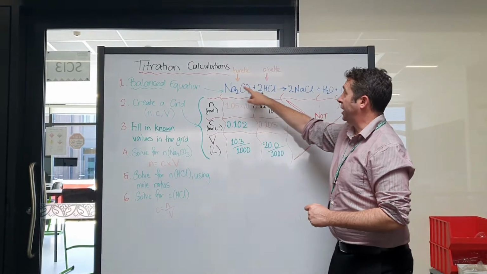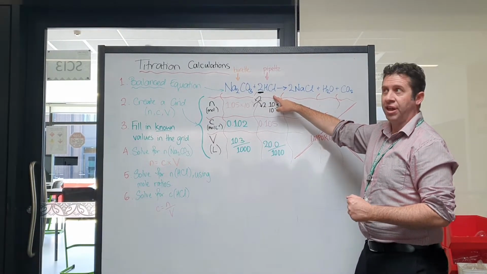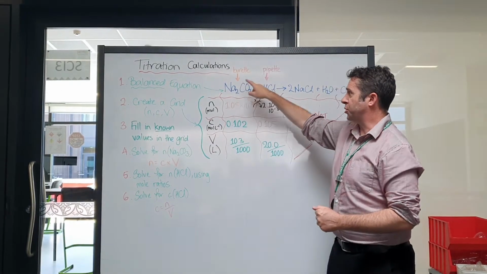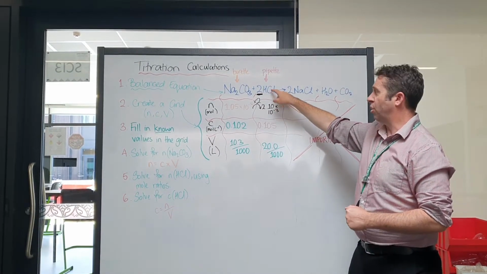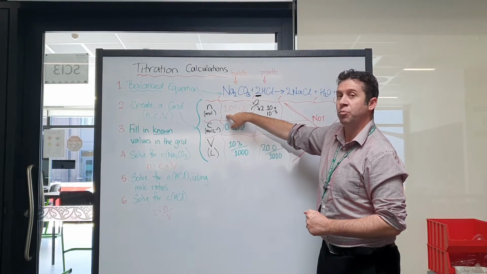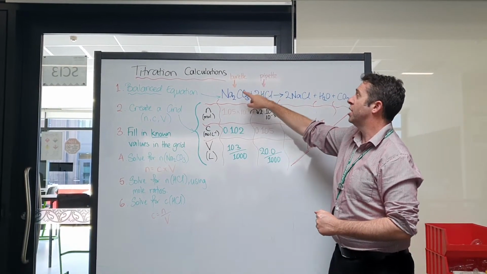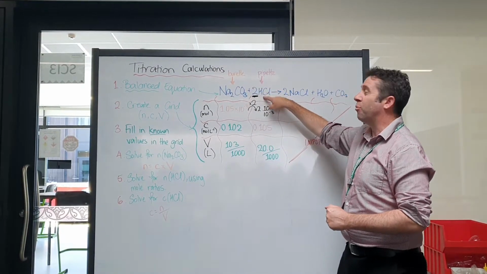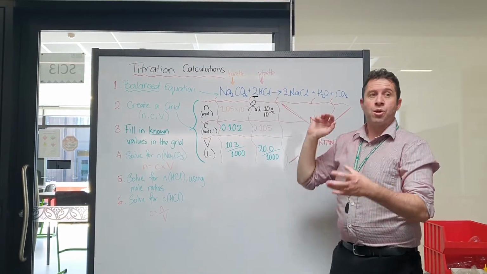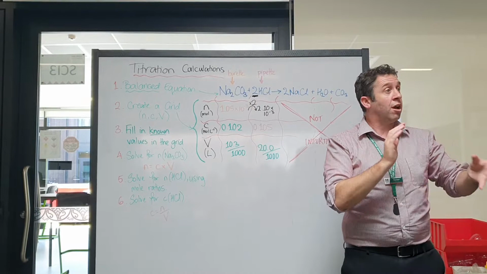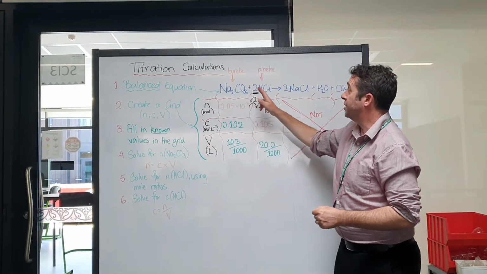Well, if 1 mole needed 2 moles, then 0.1 moles would need 0.2 moles. 0.01 moles would need 0.02, 0.001 would need about 0.002. So all I'm doing each time is multiplying by 2 because that's my ratio, 1 to 2.